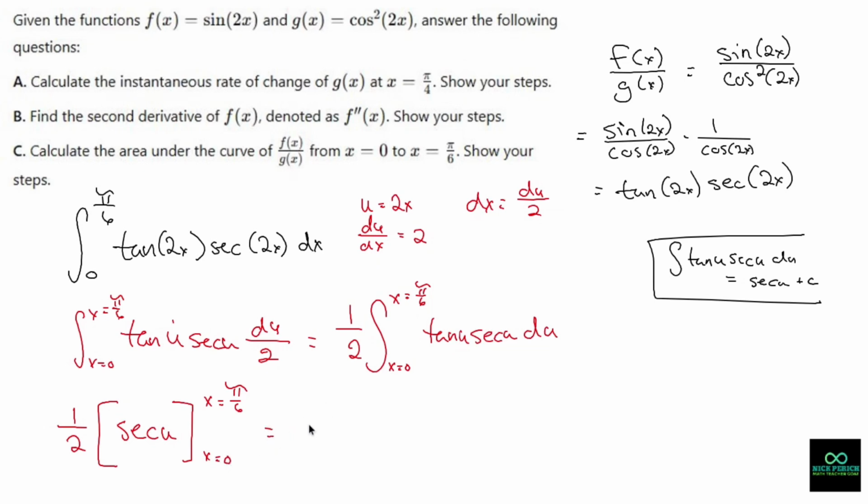Let's substitute what that actually is and kill two birds with one stone. I could bring that 1 over 2 back out. Secant is 1 over cosine, and u I called 2x.